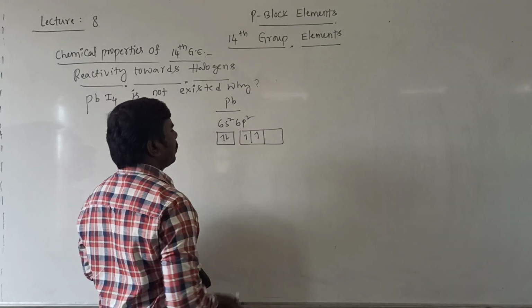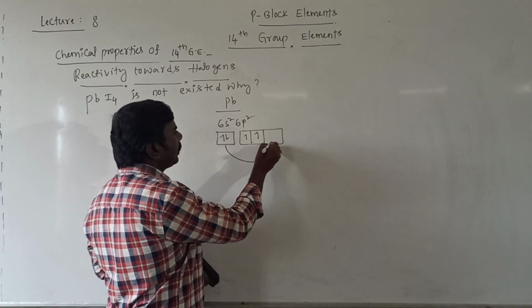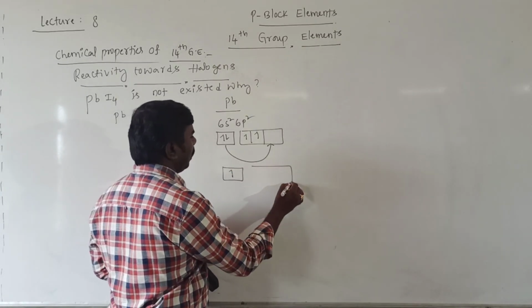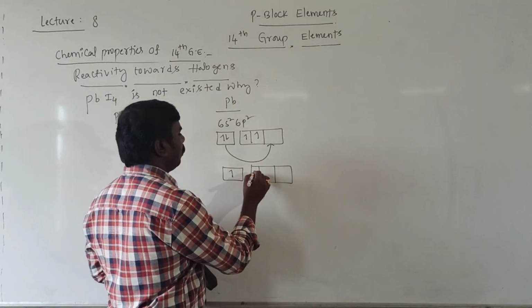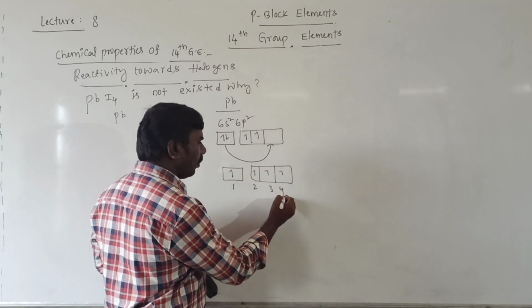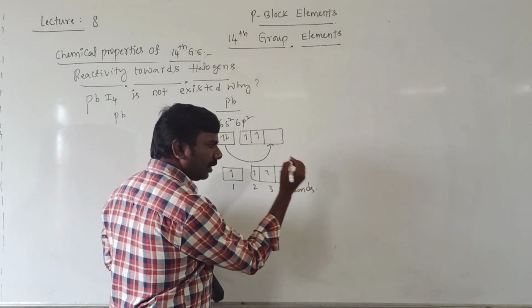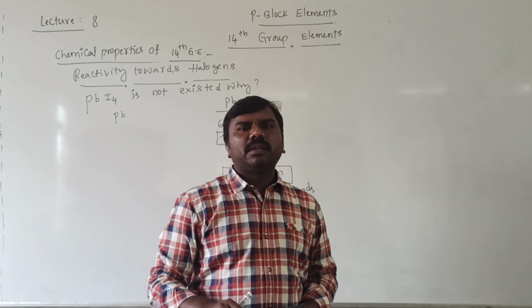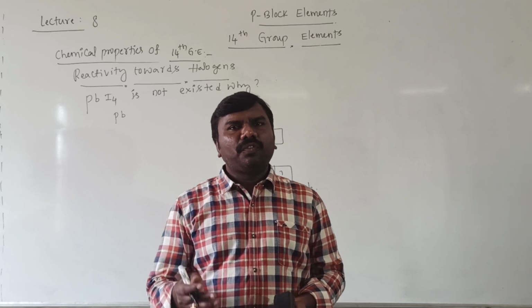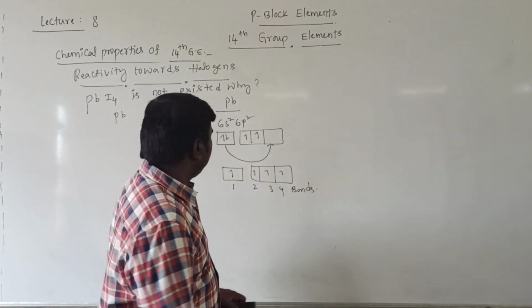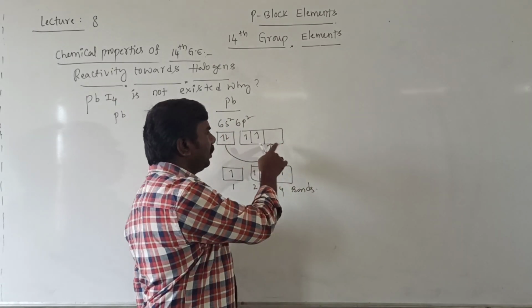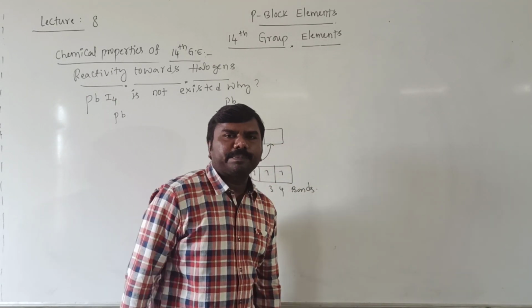To form 4 bonds with 4 iodines around the lead, the paired electron must jump from the s orbital to the p orbital.